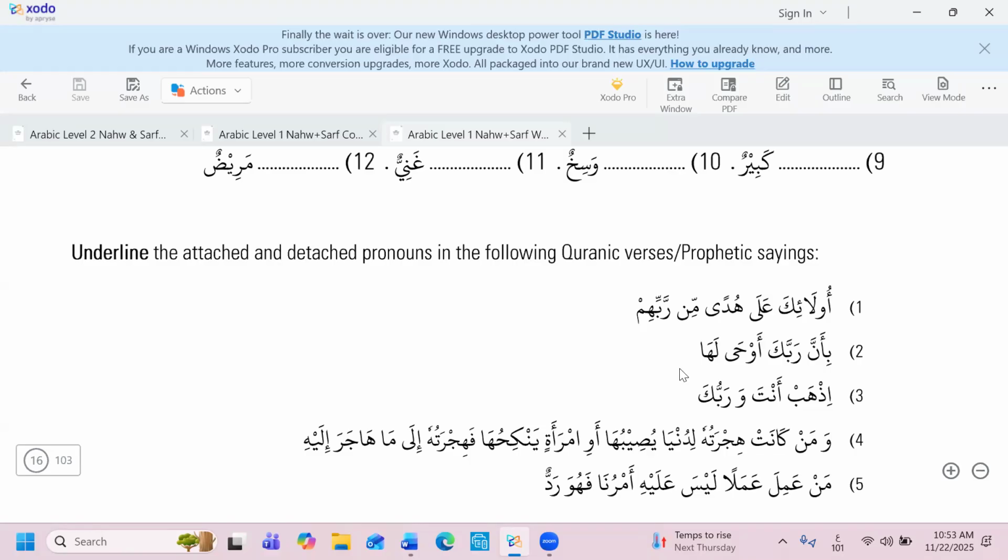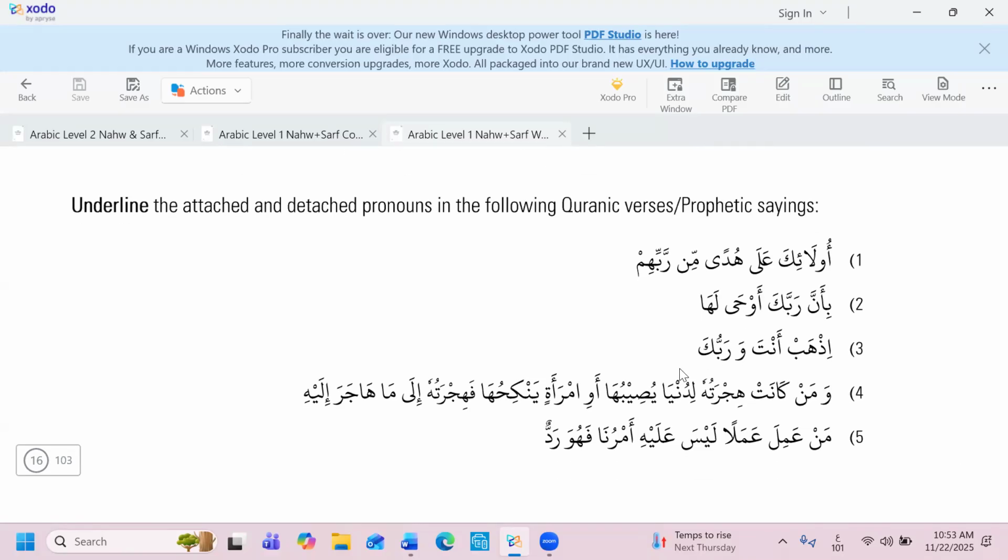You know which exercise we're doing? The ayahs. Yeah. So Rabbaka, the ka in Rabba, and laha, the ha. That's attached pronoun. اذهب أنت وربك. Any pronouns there? Anta, detached pronoun. Any more? Yeah. Anta and ka go together.